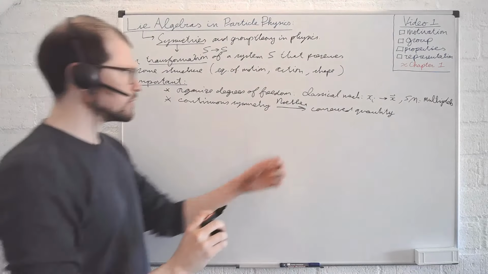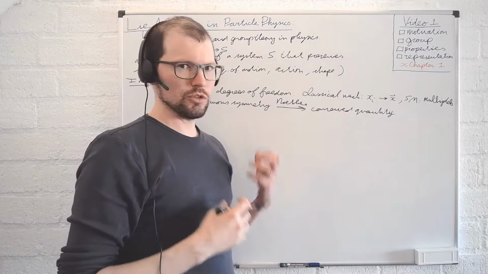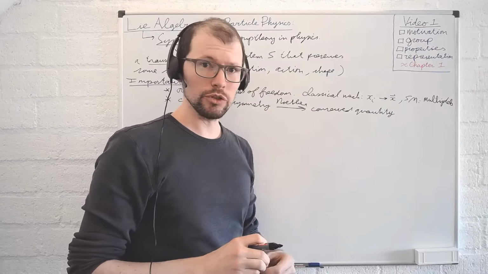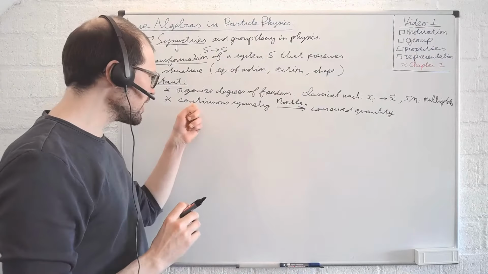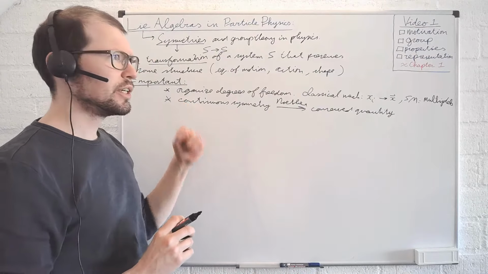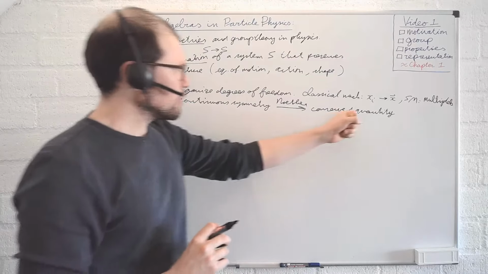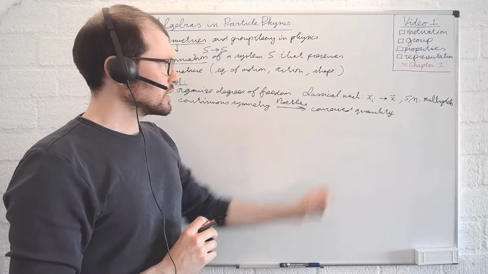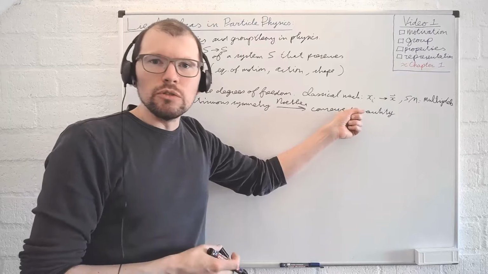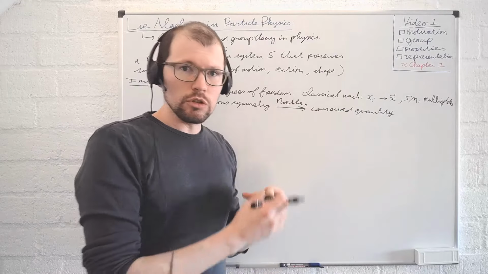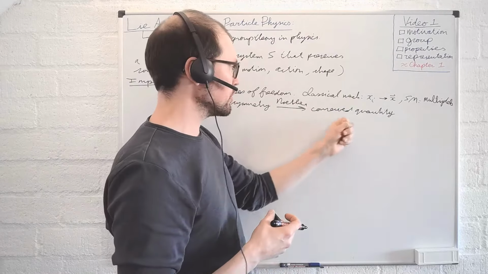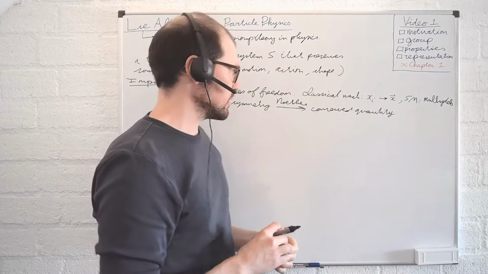And conserved quantities are very useful if you want to solve the equations of motion of a system. If you have enough continuous symmetries that all lead to conserved quantities, then sometimes you do not really have to solve any differential equations anymore to solve the equation of motion. You only have to solve algebraic equations.